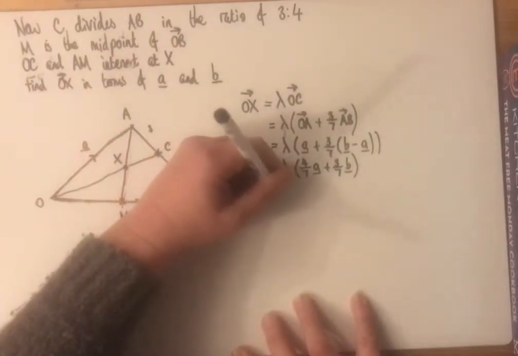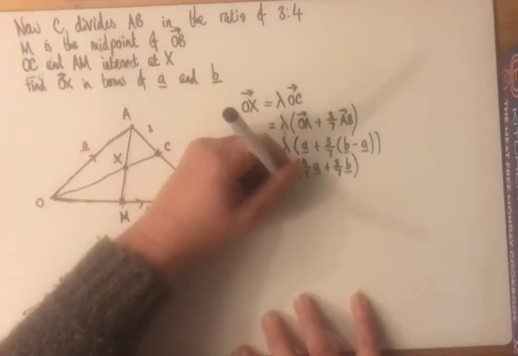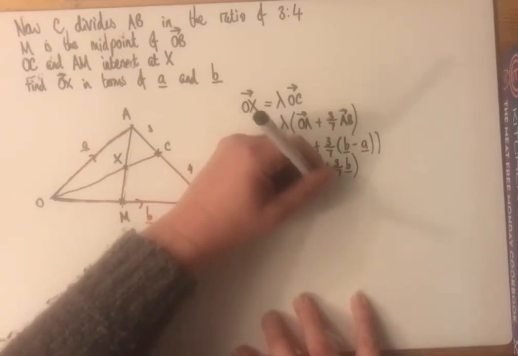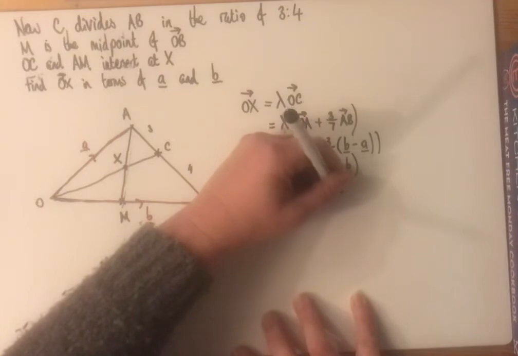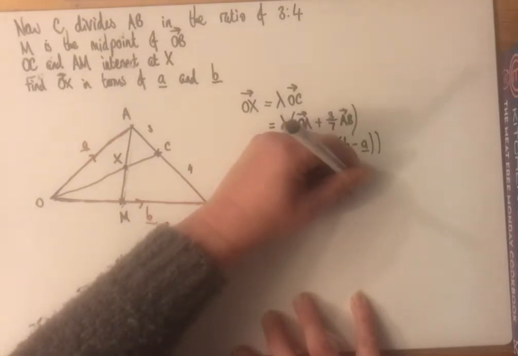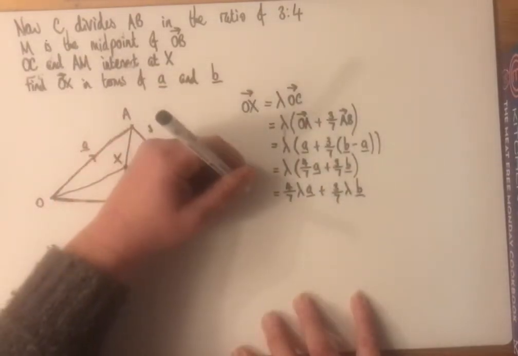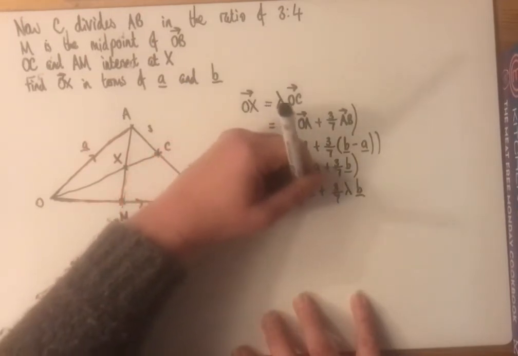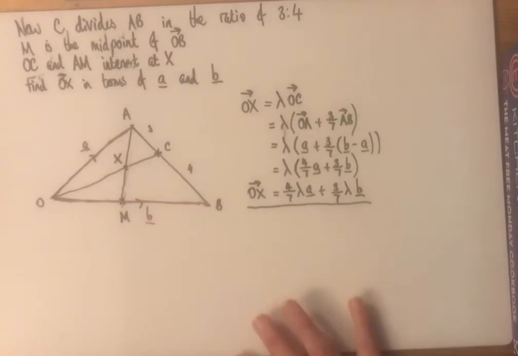And then if I times this by lambda, then I've got 4/7 lambda a plus 3/7 lambda b. So that's one way of getting from the origin to X in terms of a and b.